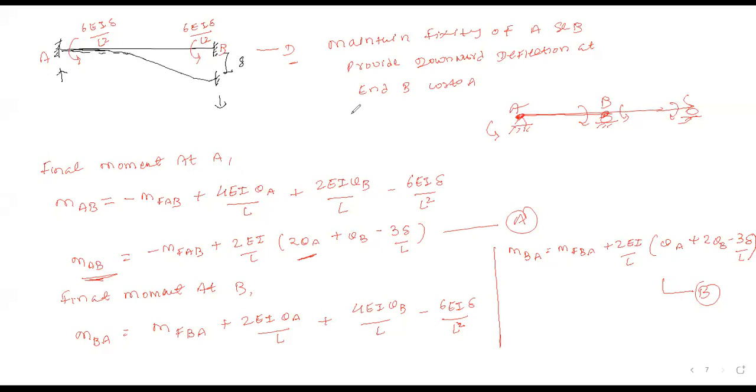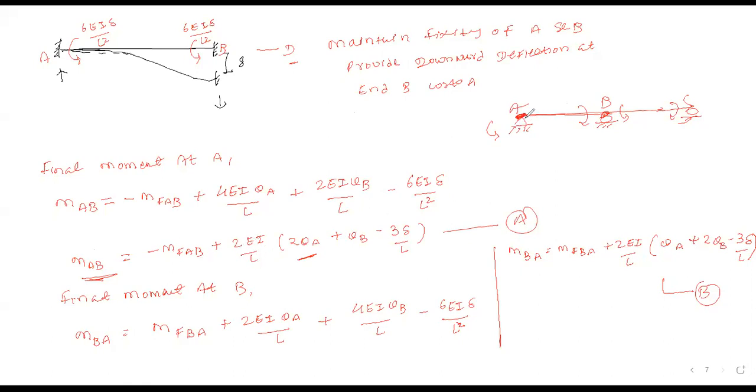Sir, please explain this part once again. Now, suppose I am considering joint A, and we are going to apply the equation for joint A. Our equation is MAB, the moment due to joint A, which equals MFAB, the fixed moment for AB, plus 2EI by L as it is.